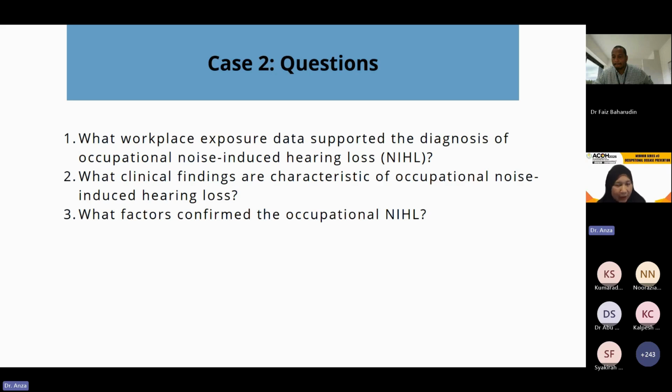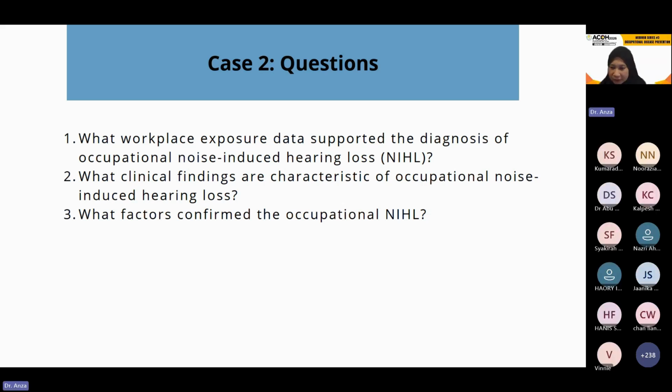So question number 1: what workplace exposure data would support the diagnosis of occupational NIHL? Anyone? Put in chat box. Yes, noise risk assessment. Excellent.